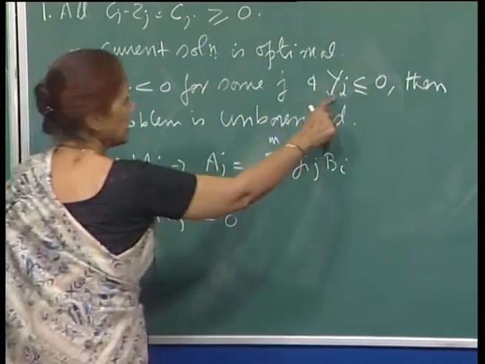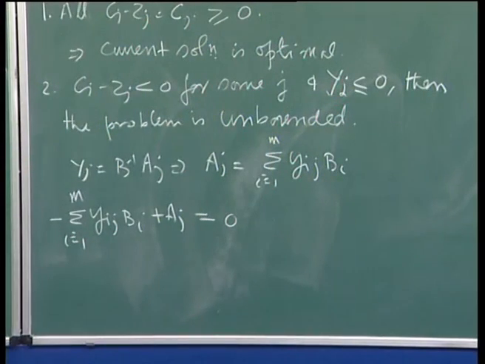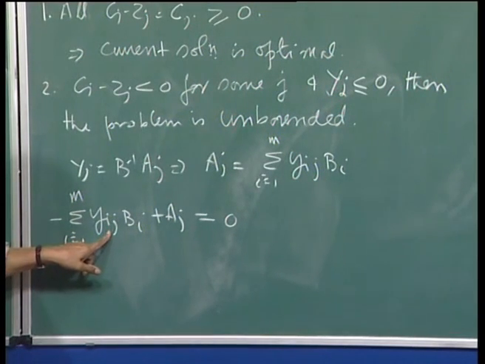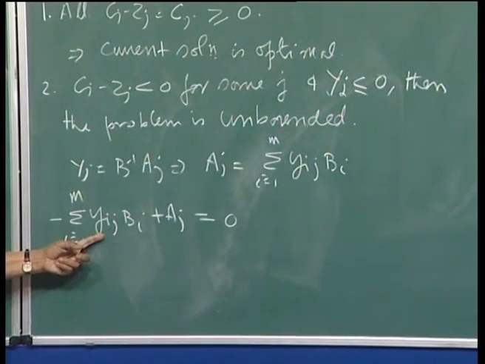And since the vector Yj has all components less than or equal to 0, it means that the Yij's are all negative or 0. So, minus this is all positive.